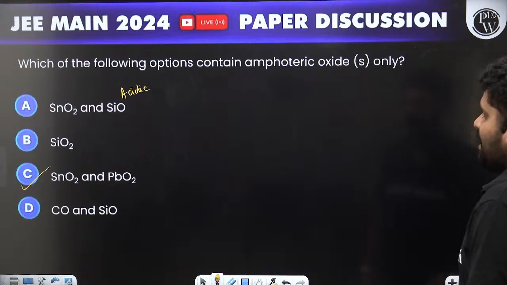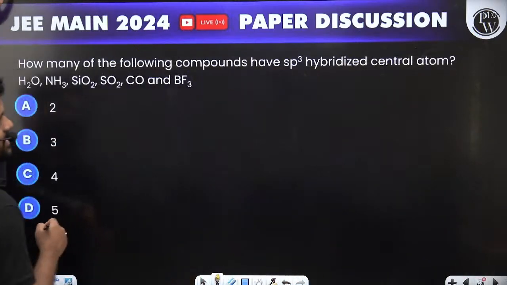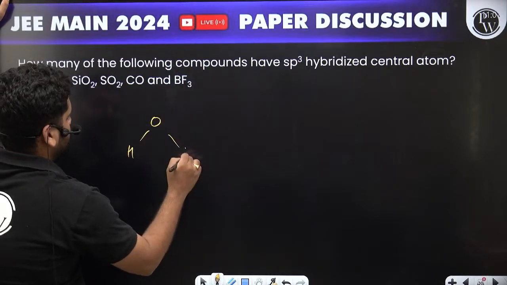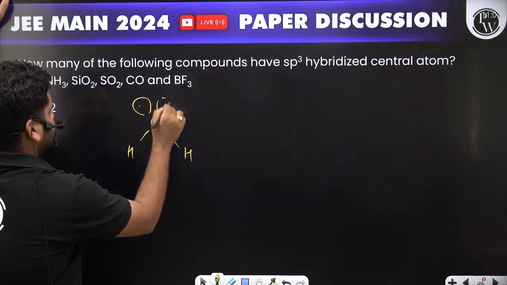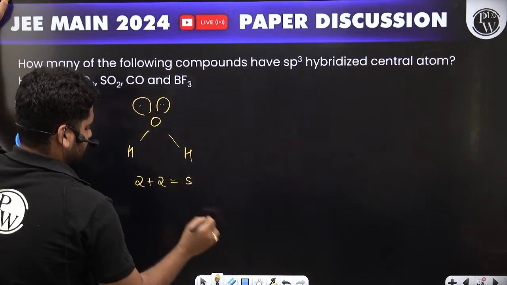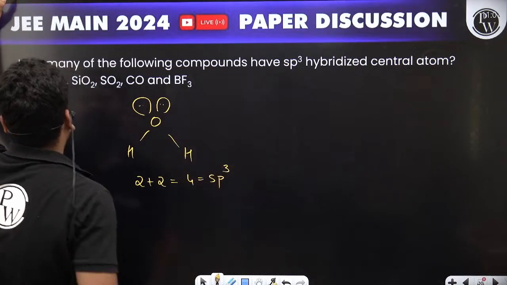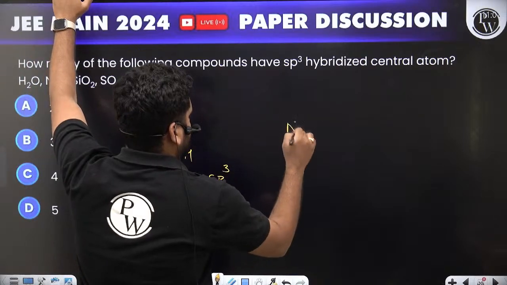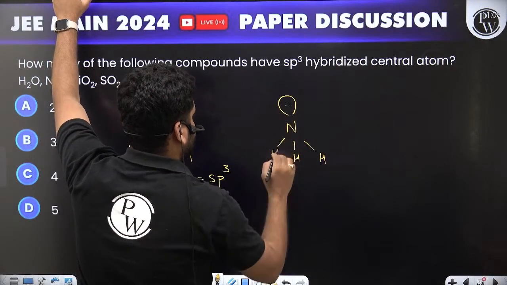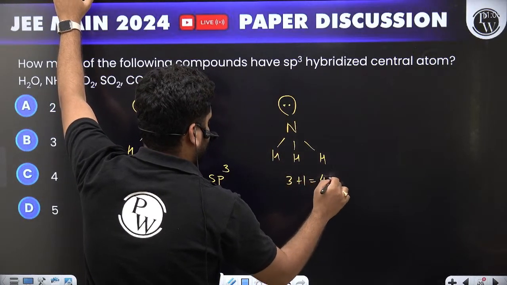Next one, how many of the following compounds have sp3 hybridization in the central atom? See, oxygen in water molecule has 2 bond pairs and 2 lone pairs. So we have 2 plus 2 arrangement, which means the hybridization is going to be sp3. Next one, ammonia molecule, 3 bond pairs and 1 lone pair, which means we have 3 plus 1 arrangement, which is again 4.